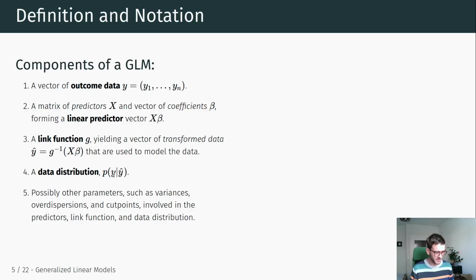So we have some kind of probability distribution P. This could be a Bernoulli distribution or a binomial distribution or a normal distribution for linear regression, where our observed outcome y has a certain probability or a certain density conditional on our transformed linear predictor.